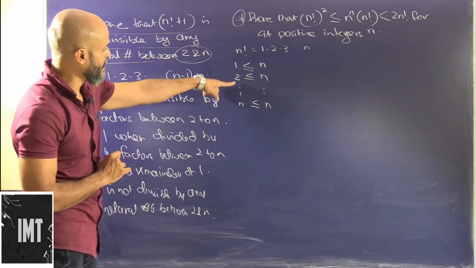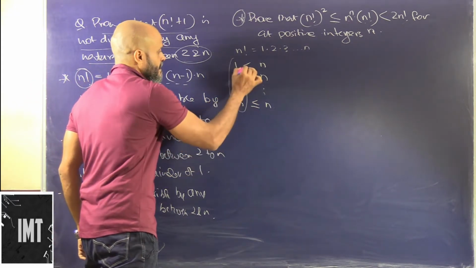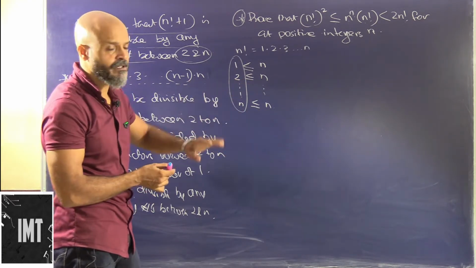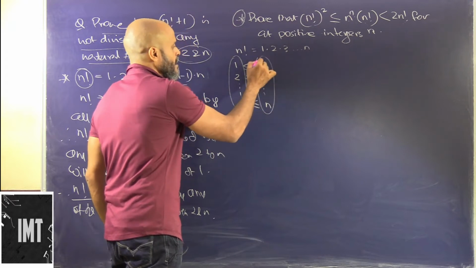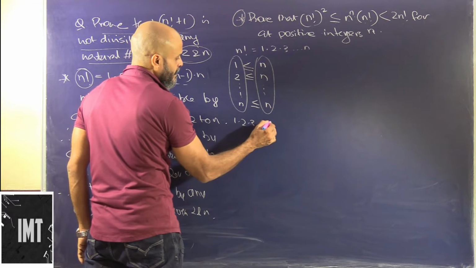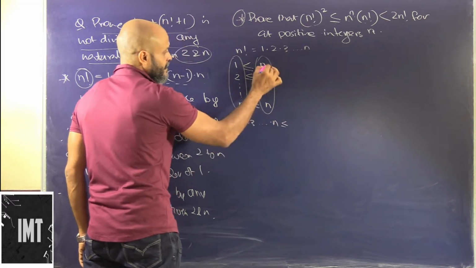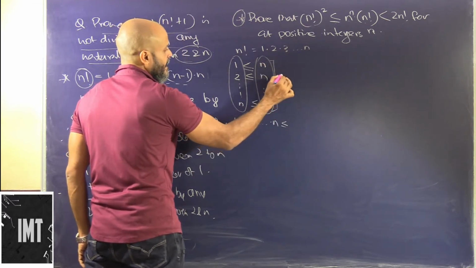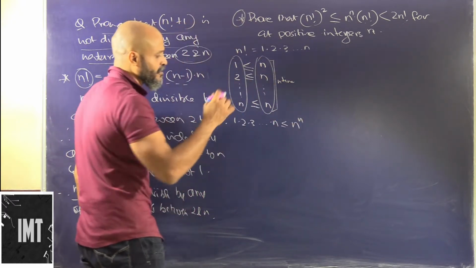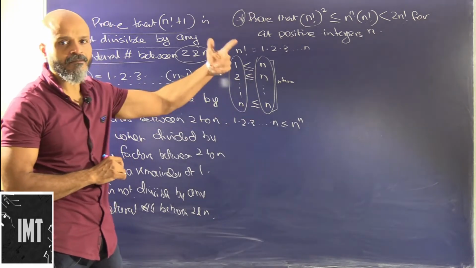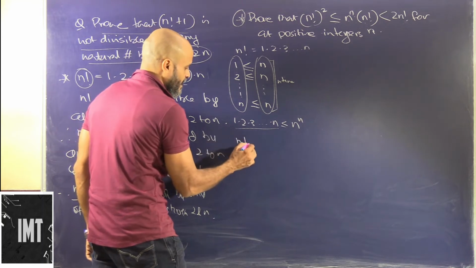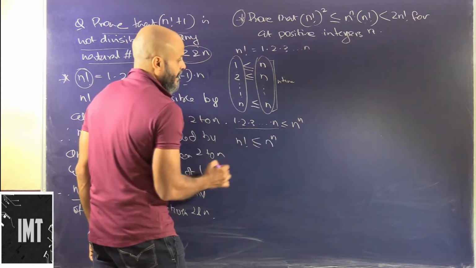Now if I multiply this row, 1 will be obviously less than n, 2 will be less than equal to n, and n will always be less than equal to n. So if I multiply this entire row, what do I get? 1 into 2 into 3 till n is less than, how many times? Obviously n times. So this will be n into n into n, n times. So that will be n to the power of n. If I multiply n by itself n times, it will be obviously n to the power of n. So factorial n is less than n to the power of n.